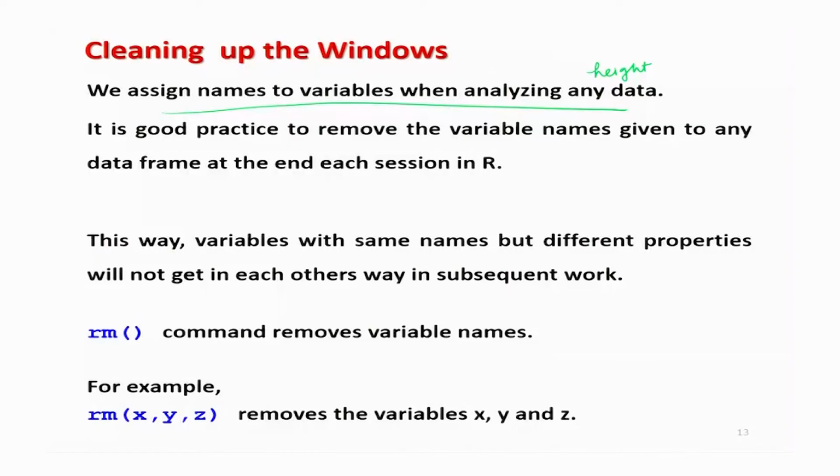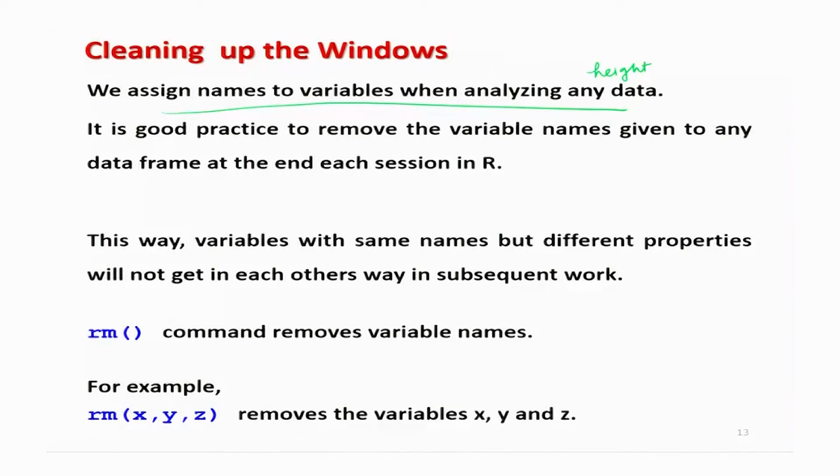And now, what are the consequences? The consequences are that suppose you start working on another problem and you define the variable once again as height.